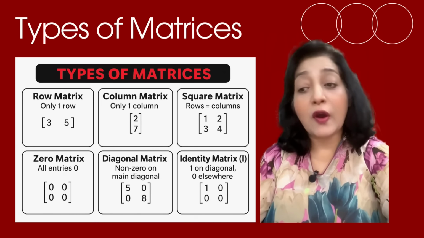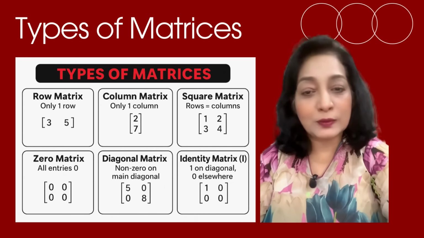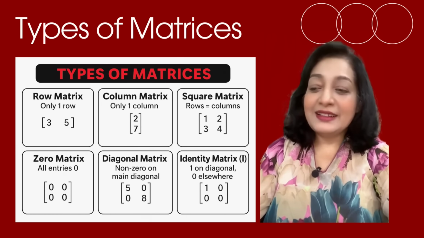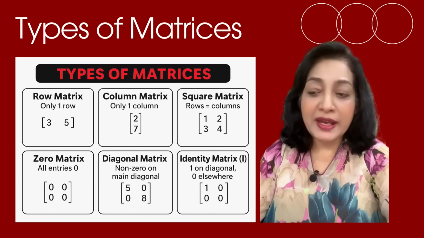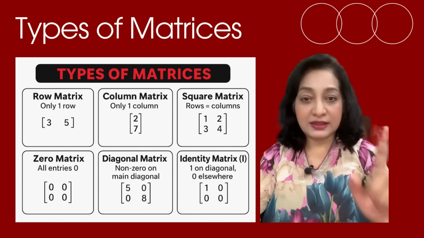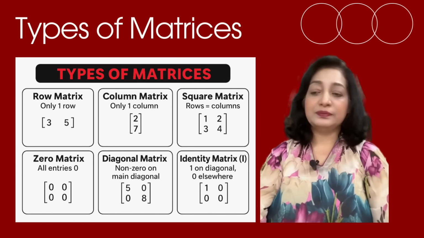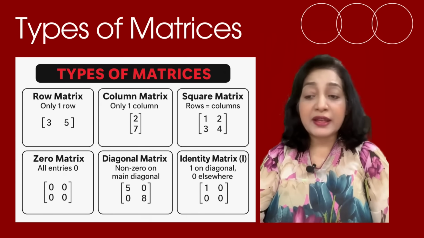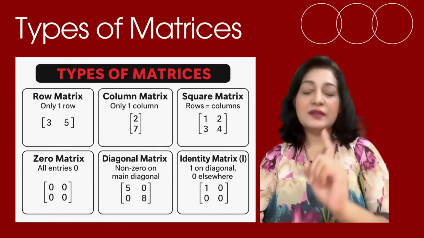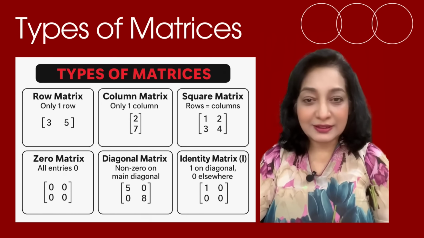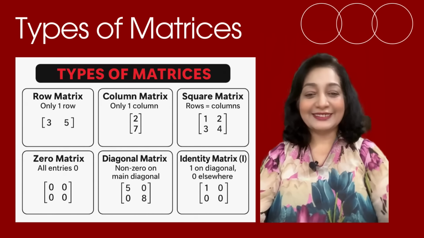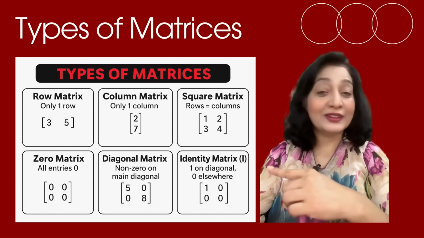Zero matrix, where all the numbers are 0. It's called a zero matrix, obviously. Now, diagonal matrix, where 5, 0 and 0, 8, for example. Identity matrix, in which 1, 0 and 0, 1. This is known as an identity matrix. Showing on the screen.